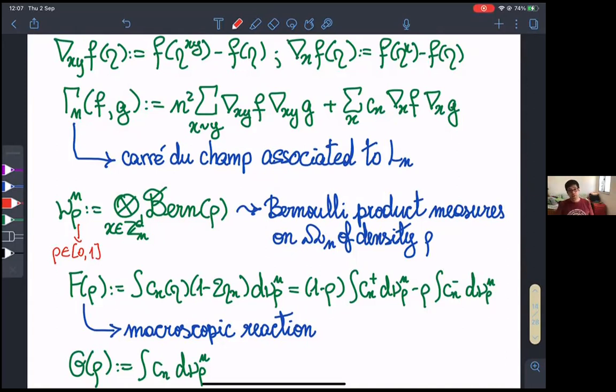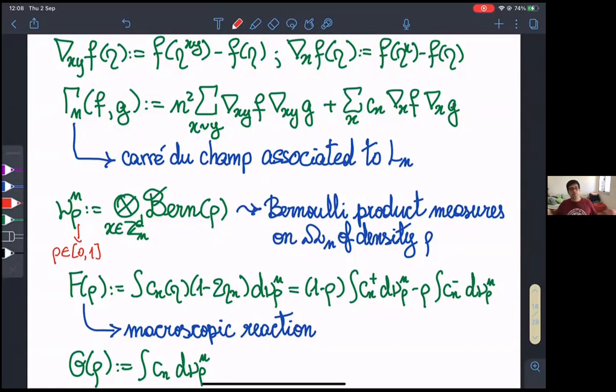So they are reversible, which means that these Bernoulli measures have something to do with that, because if you condition these Bernoulli measures to a particular number of particles, you get the uniform measure. So these Bernoulli product measures are invariant under the exclusion dynamics.